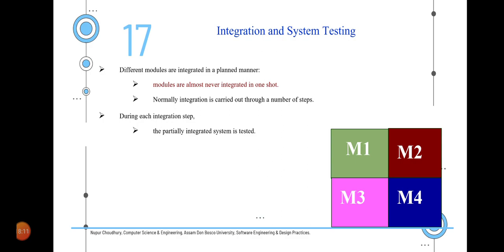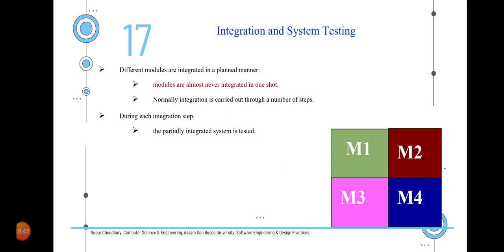For example, in this slide, you can see M1, M2, M3 and M4 are four different modules. Once M1 is complete and unit tested, it will be integrated with M2. Once M1 and M2 are integrated, it will again be tested for any problems that might come up due to the integration.